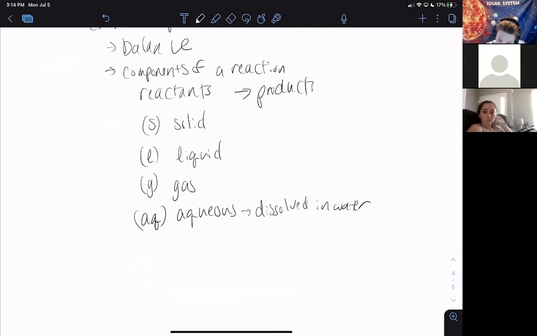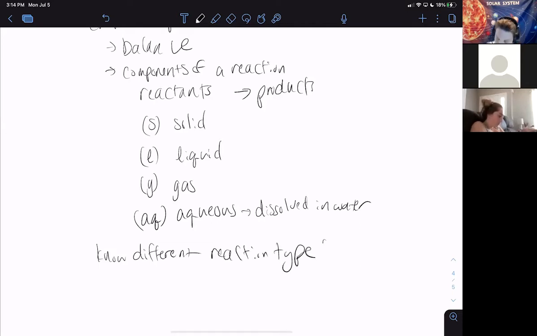Let's see. So you should balance components. You should know the different reaction types. So you should be able to look at these different reactions and be able to identify them.